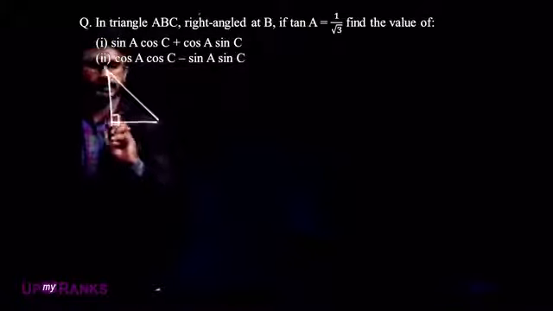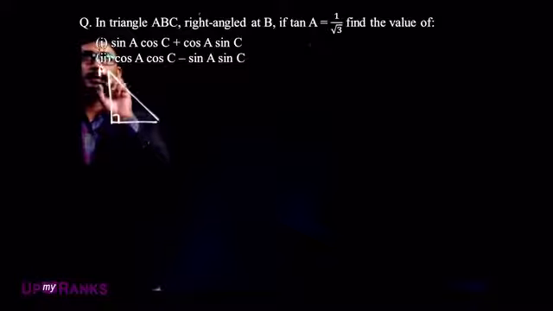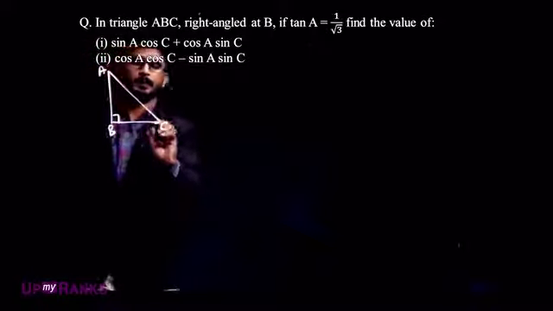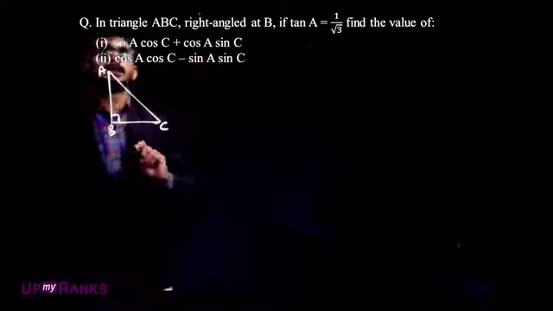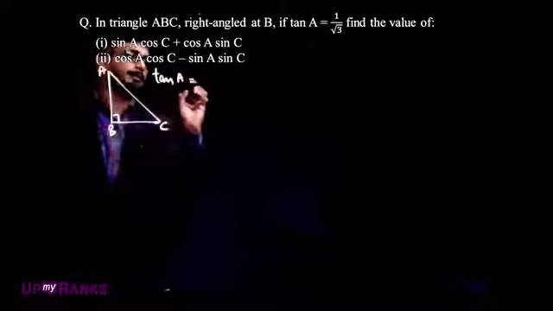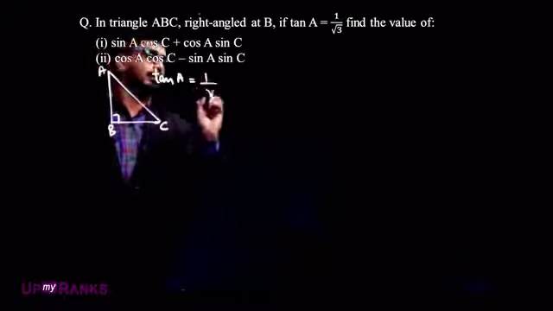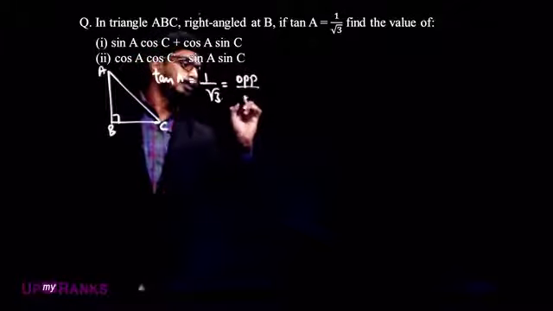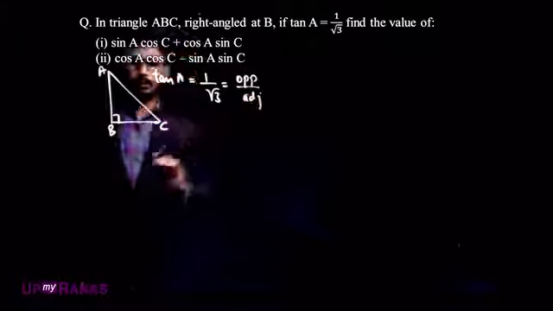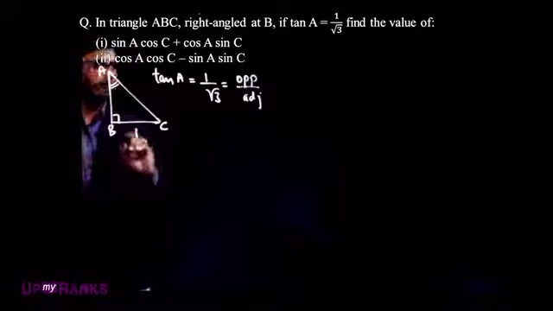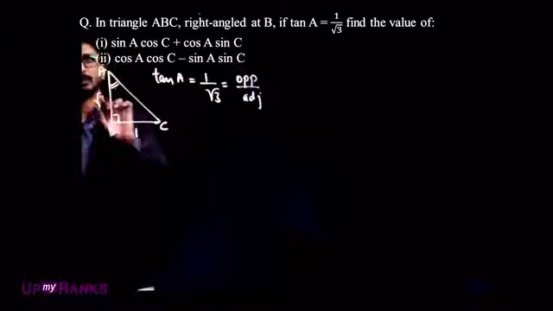A right angle triangle, so let me mention it as A, B and C. So now I have tan A equal to 1 by root 3. Tan is nothing but opposite by adjacent. So tan A, if this is A, the opposite side is this one, 1, by adjacent, which is root 3.